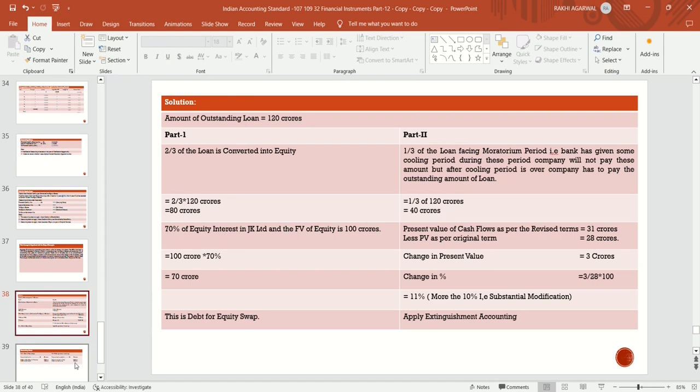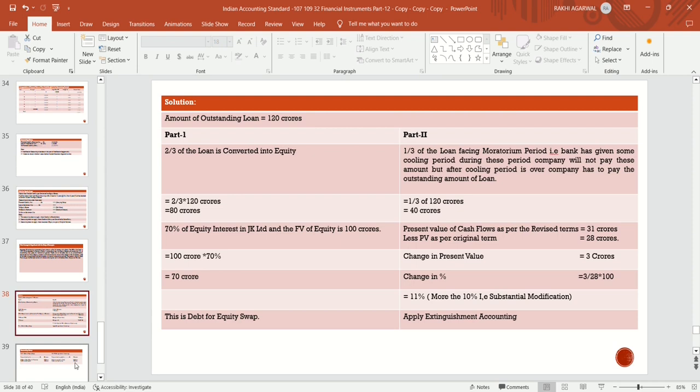Firstly, we will discuss part 1 accounting, that is, two-third of the loan is converted into equity shares. So it becomes a debt equity swap because the loan is converted into equity. So in part 1, debt equity swap accounting is used.